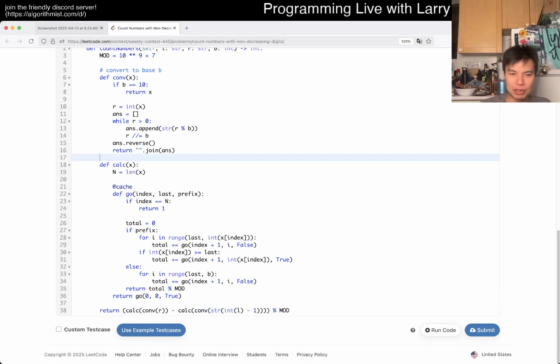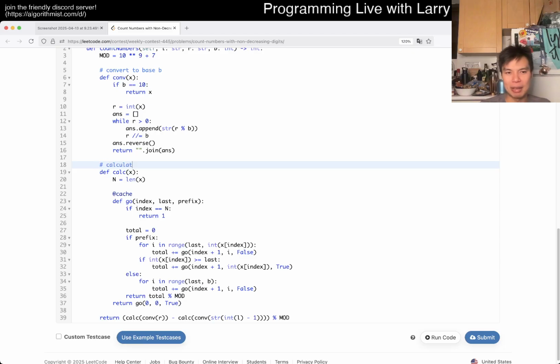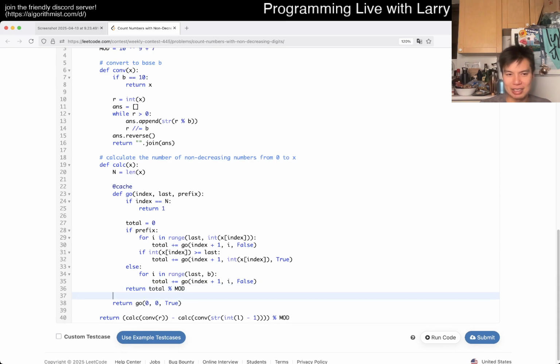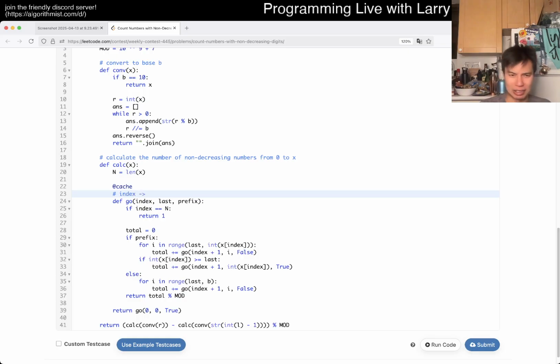Calculate does most of the work, which is to calculate the number of non-decreasing numbers from 0 to X. And most of this function is just this dynamic programming function. We have 3 states for the digit DP.